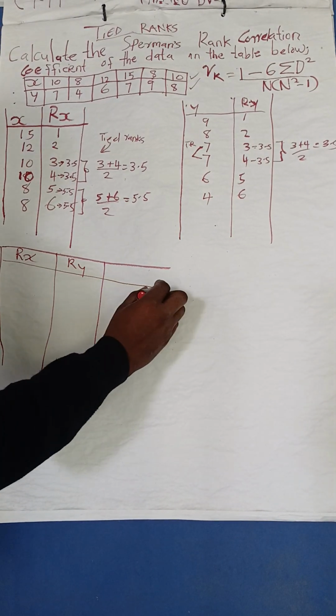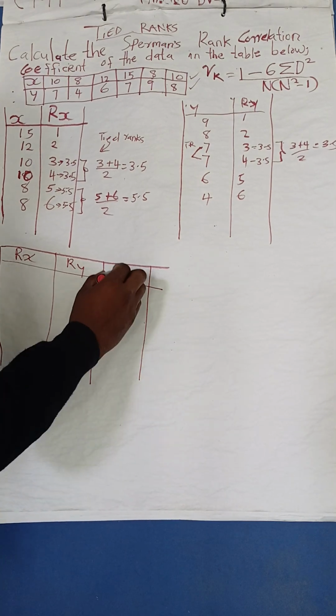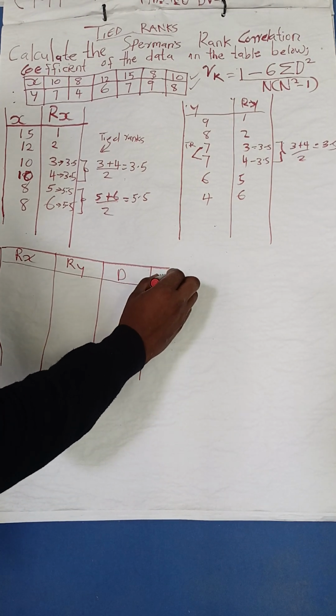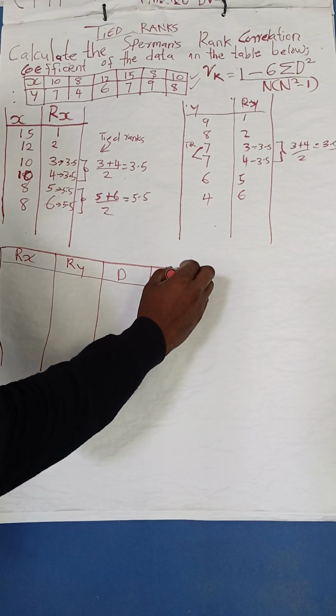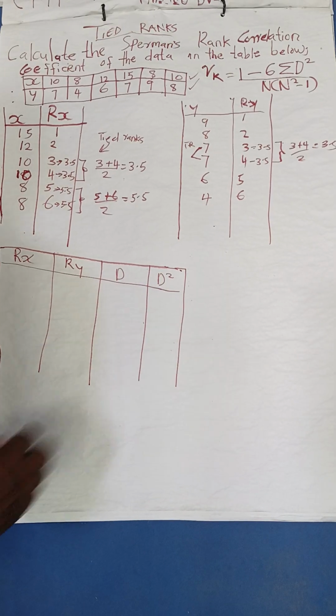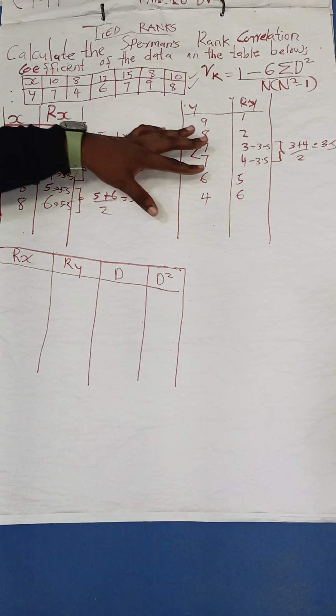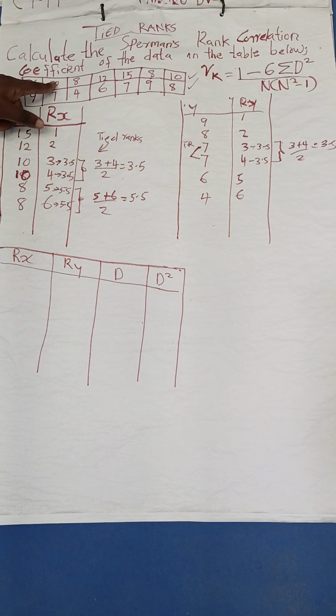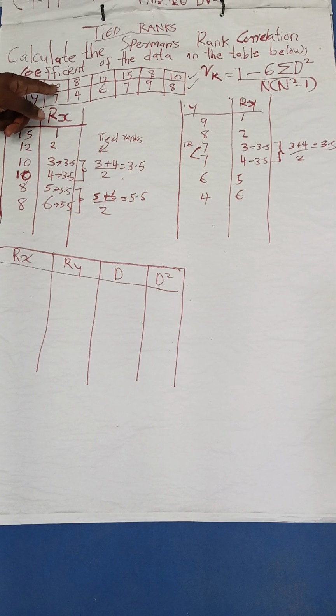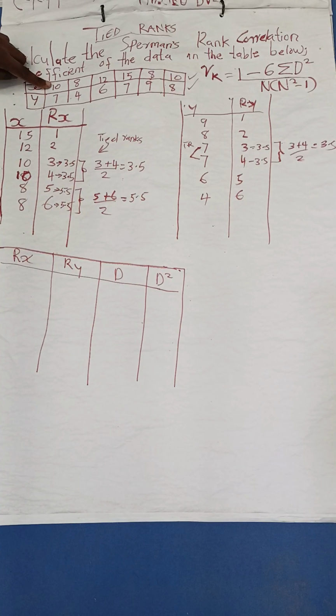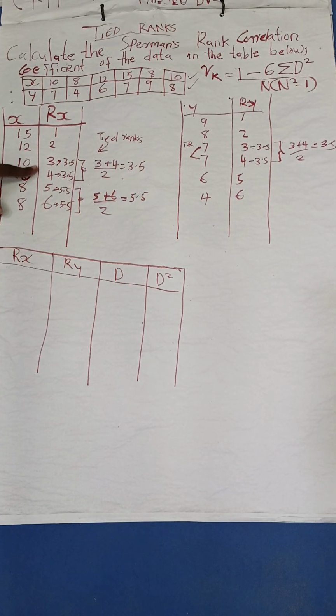But now here please just focus on the first table that you are given. Using the table that you have done here, the first value in x is what? 10. So you ask, when you ranked, what was the rank of 10? 3.5.